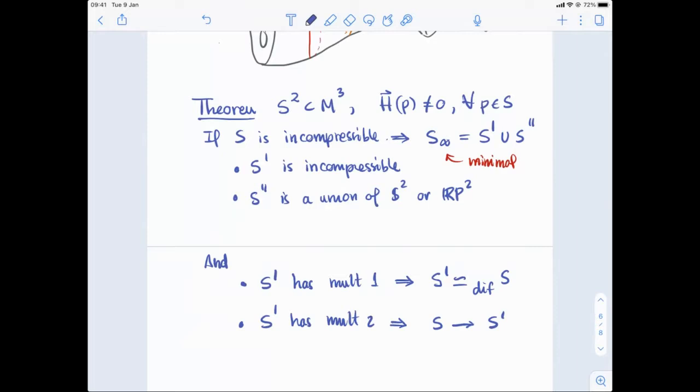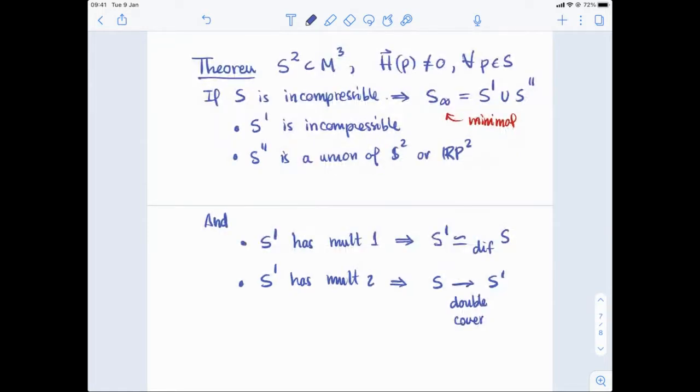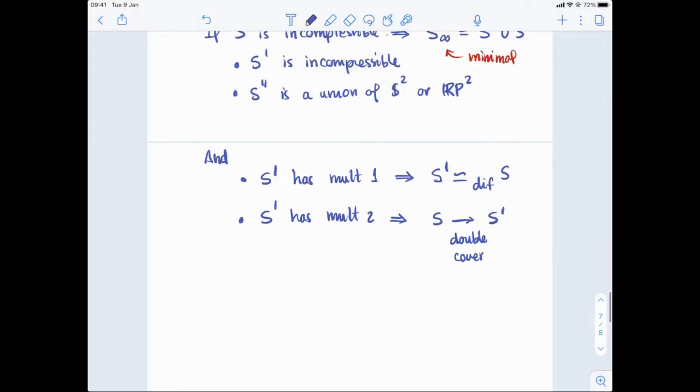Okay, so think for example of a sphere converging to RP² inside of RP³. Okay, so what happens here is that S' is one-sided, and S is isotopic to a tubular neighborhood of that.